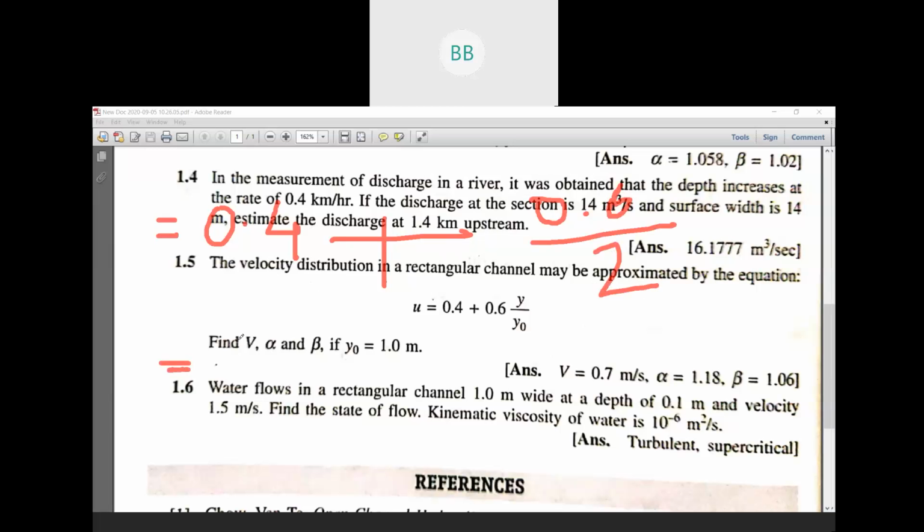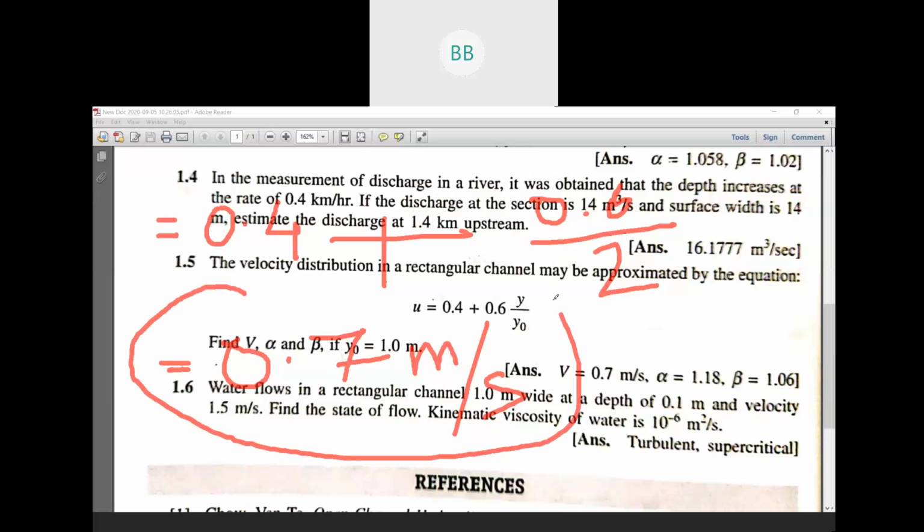If you add these two, you will get 0.7 meter per second, as it is the average velocity. So this is the value for the average velocity. Here the answer is given, and we are getting the same. 0.6 divided by 2 is 0.3, and 0.3 plus 0.4 is 0.7 meter per second.